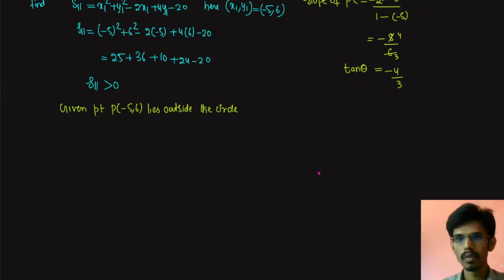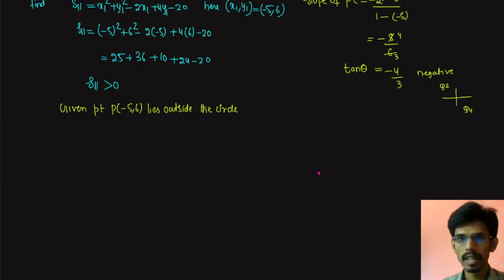Tan theta will be negative in only two quadrants, either in quadrant 2 or in quadrant 4.